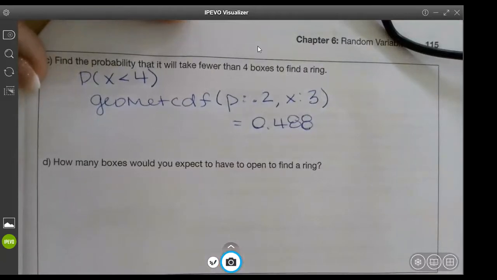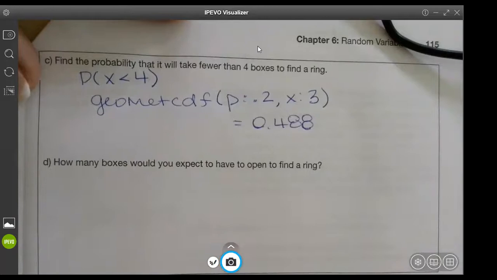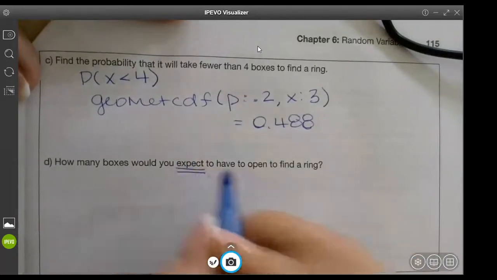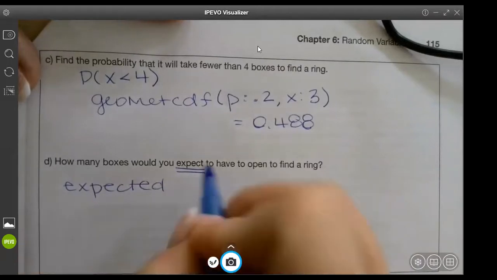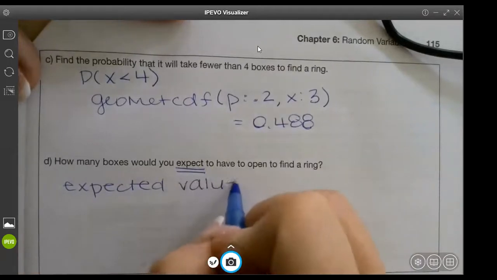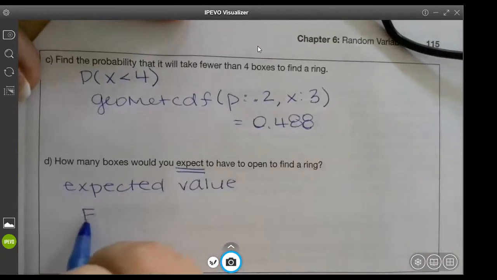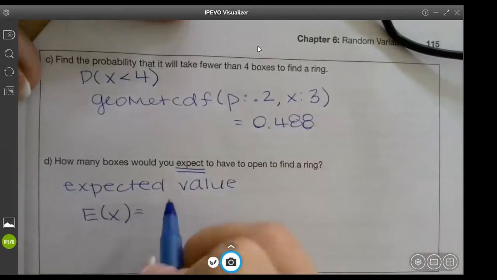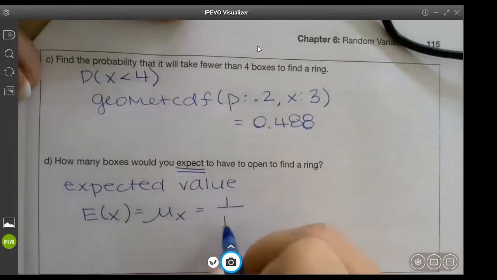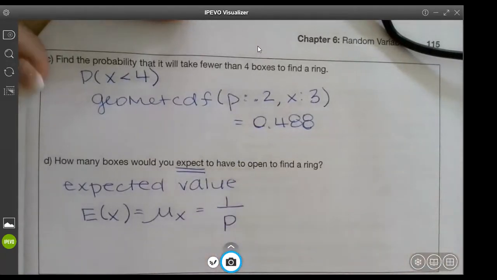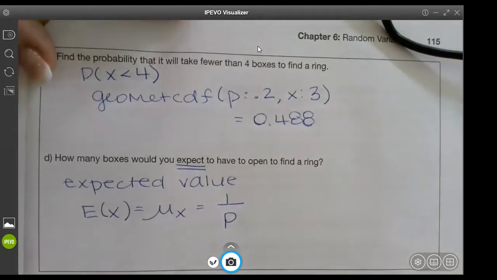How many boxes would you expect to have to open to find a ring? So this is one we haven't really done. You might have done it in your homework. This is your expected value. We talked about it real briefly in our notes. That's the mean, right? Remember that is 1 over P. So you may have to do this in your test.